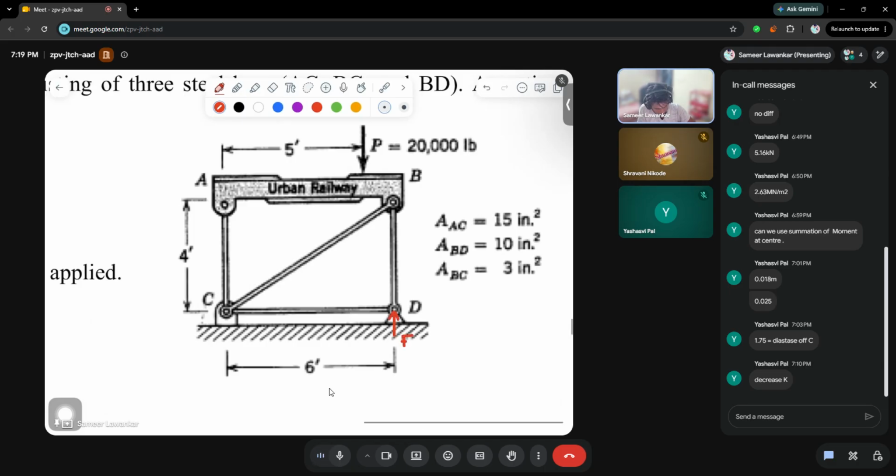Let's say this is Fy, and there will be some force in this direction which is Fx. Okay, Fx is nothing but 0, correct? This Fy will be equilibrated with this value of FBD, correct? But there is no force in this direction, therefore we get FCD is nothing but equal to 0.